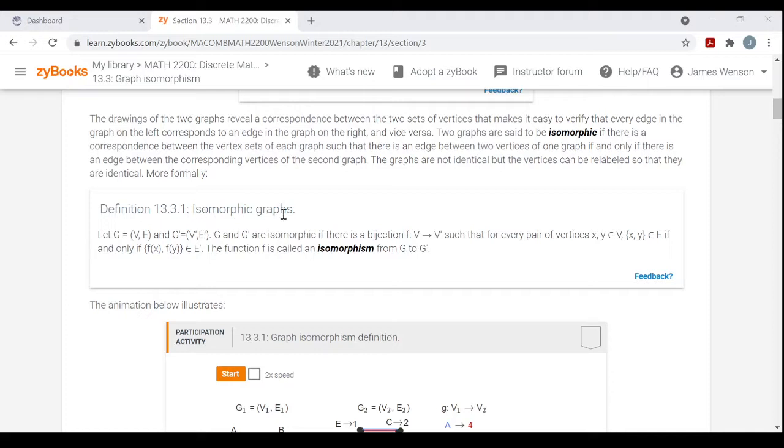So what does it mean for graphs to be isomorphic? All right, so let G be a graph with a vertex set V and an edge set E, and say G prime is a graph with a vertex set V prime and edge set E prime.